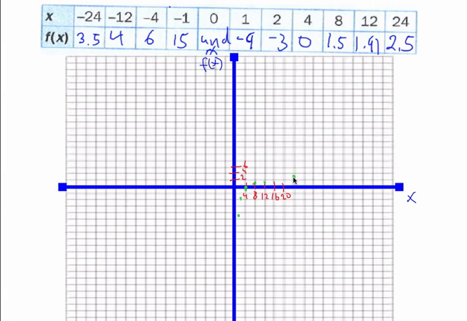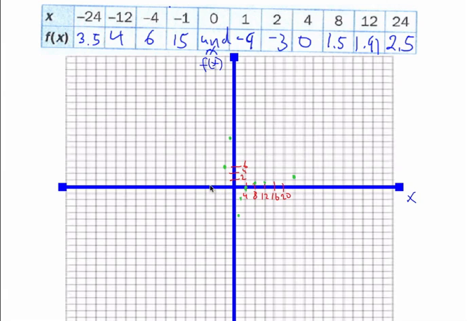Okay, and then we have the negative values over here. So negative 1, negative 15. So that's way up there. That's 8, 10, 12, 14, 15. So negative 15 is about here. Negative 4, 6 is right there.